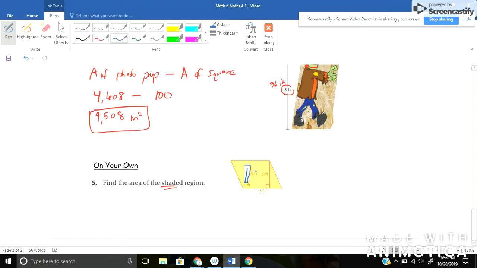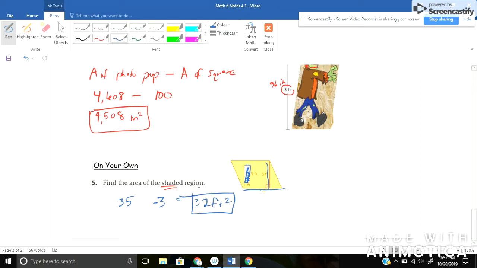Base times height for a rectangle area, 3 times 1 is 3, so we'll subtract 3 from our total. My base is 7 and my height is 5, so 7 times 5 would give me 35, and then subtract 3, that would give me 32, and my label would be feet squared.